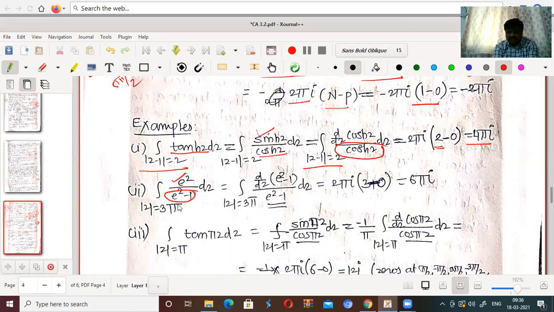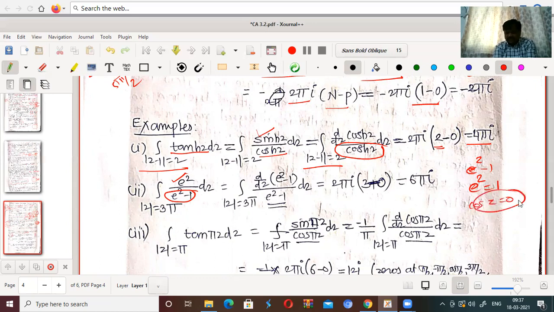How many zeros are there? E to the power z minus 1 is also analytic everywhere. It has zeros at the points where e to the power z equals 1. That is satisfied at z equal to 0.